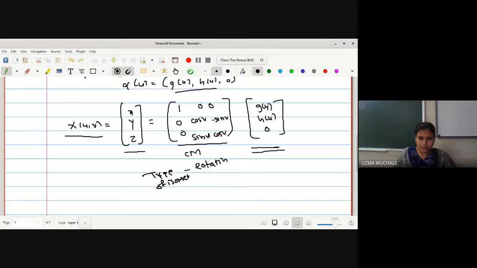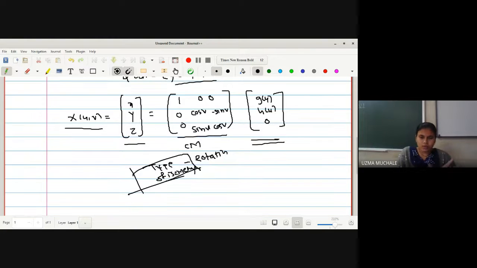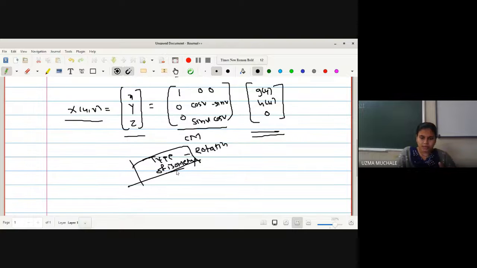Those who don't remember, you can go to the lectures on isometry where I have shown you in detail how the rotation comes. So go through the topic of rotation, types of isometry: translation, rotation, orthogonal transformation. What is translation? We move a point by a fixed vector. Next one, rotation means what: we have a rotation through some angle v, and if some angle theta, phi, whatever we consider.